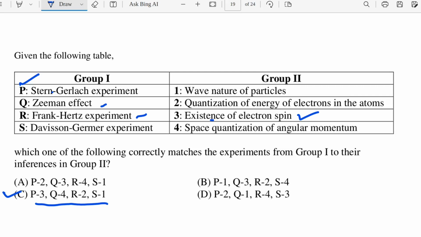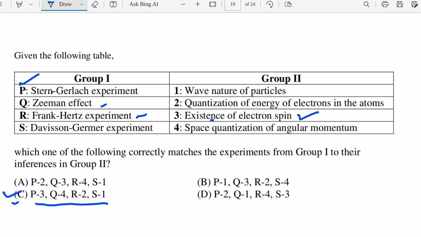They are basically asking about the correct option, and I can see this is it, because the Stern-Gerlach experiment is giving the existence of electron spin, and that is given in 3, which means P is matching with 3.